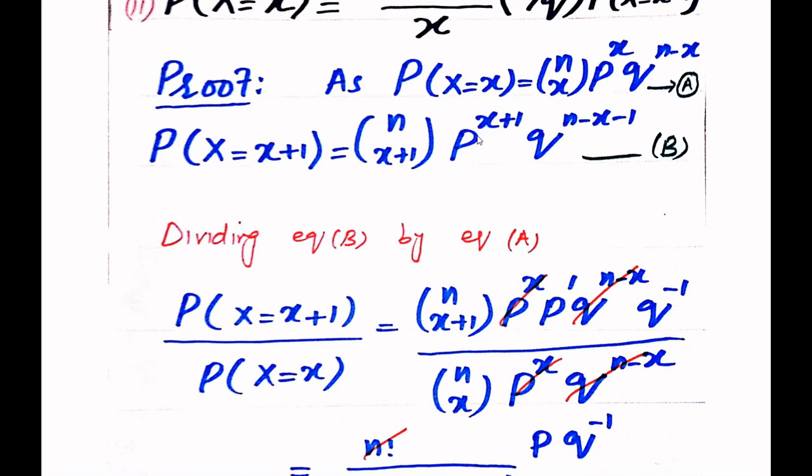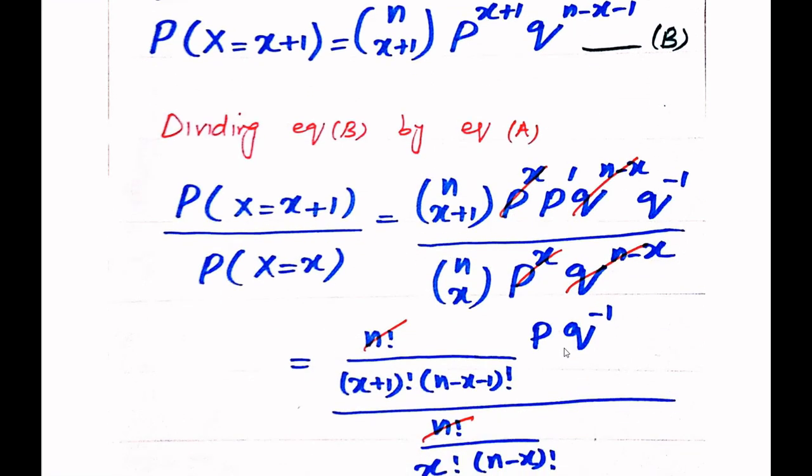We write it as p^x times p^1, and q^(n-x) times q^(-1), over nCx p^x q^(n-x). We cancel these terms because p^x is similar to p^x, and q^(n-x) cancels with q^(n-x). We are left with p times 1 over q, or q inverse, and we expand the combination formula.